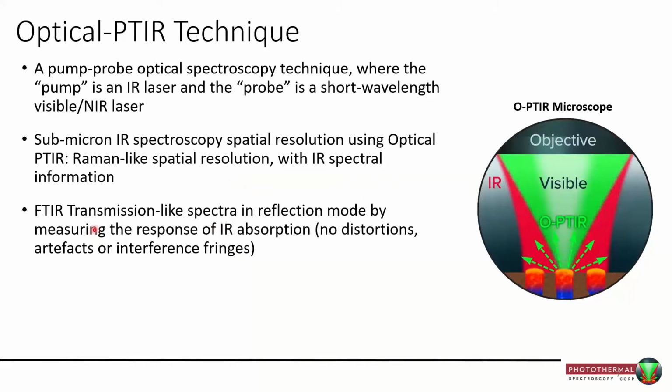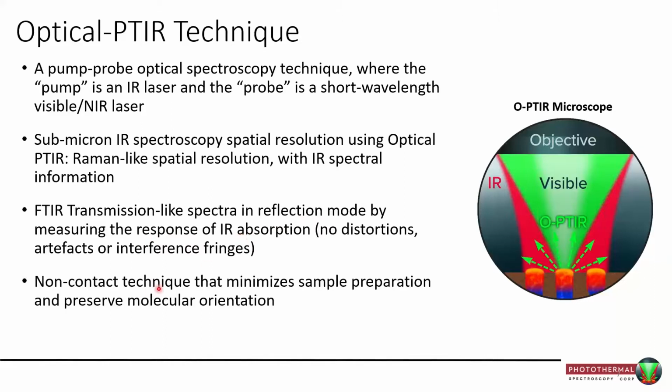And it delivers FTIR transmission-like spectra. So that's spectra that look like they've been collected in transmission mode with an FTIR microscope, but it does so in reflection mode. So there are no distortions, no artifacts, no interference fringes. It requires minimal sample preparation, and the spatial resolution is infrared wavelength independent.